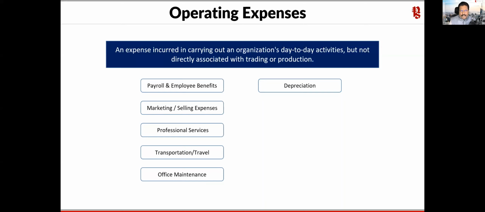Basically, an accounting method of allocating the cost of a tangible or physical asset, or sometimes, in case of income tax in India, it also considers the intangible asset over its useful life or life expectancy. Basically, depreciation represents how much of an asset's value has been used up.